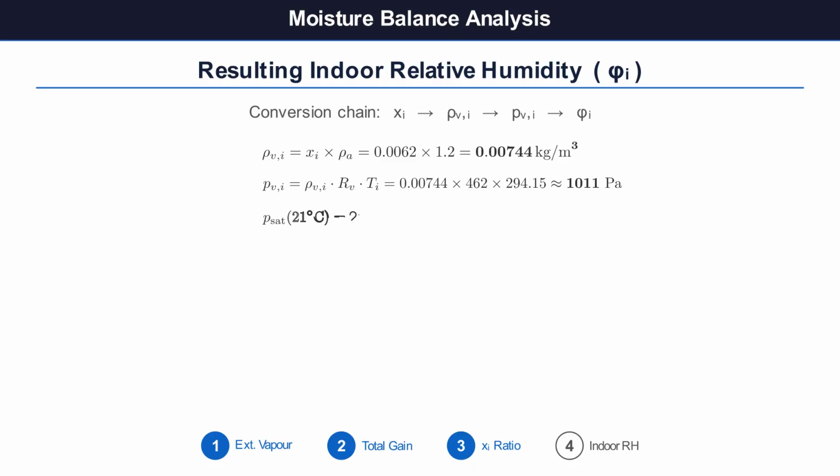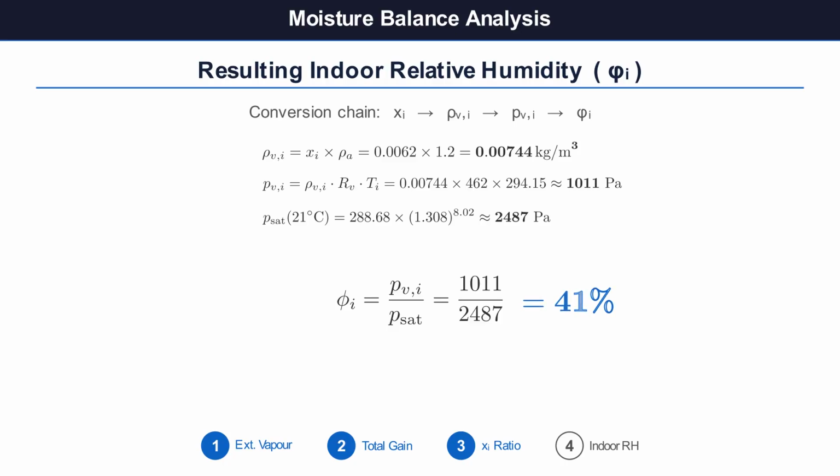Using the same empirical formula, the saturation vapor pressure at 21 degrees Celsius evaluates to approximately 2487 pascals. The indoor relative humidity Phi is defined as the ratio of actual vapor pressure to saturation vapor pressure at the same temperature. Phi equals 1011 divided by 2487. This yields a steady-state indoor relative humidity of 41%.